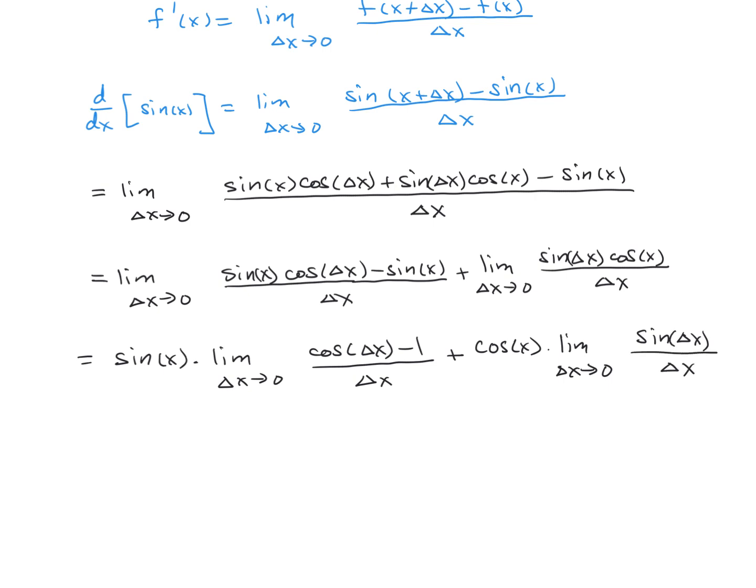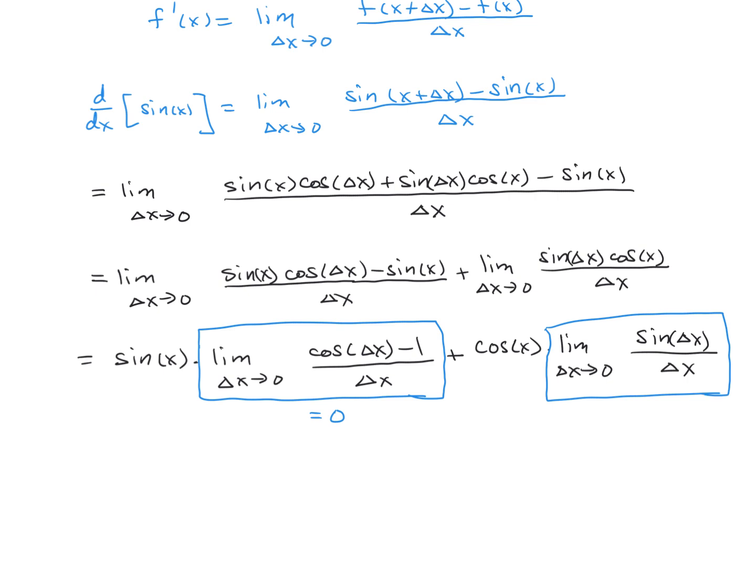We now have to recall from the previous chapter that this first limit, the limit as delta x goes to 0 of the cosine of delta x minus 1 over delta x, is equal to 0. And our other limit, if we think back, the limit as delta x goes to 0 of the sine of delta x over delta x, is equal to 1.